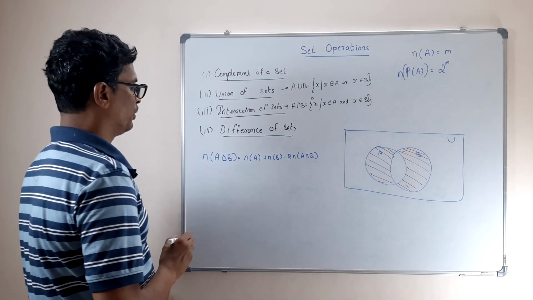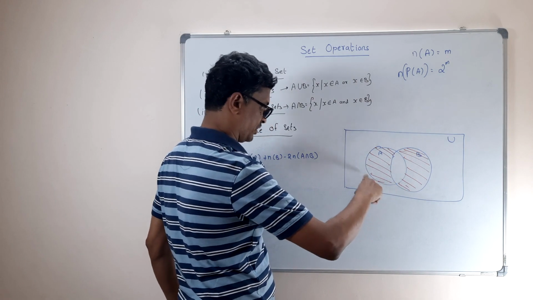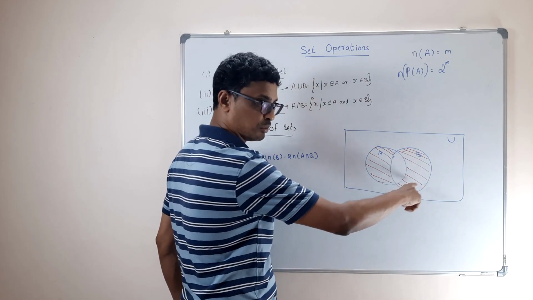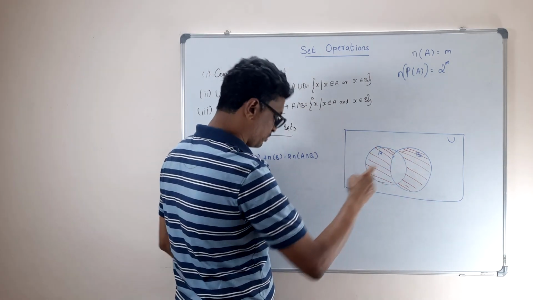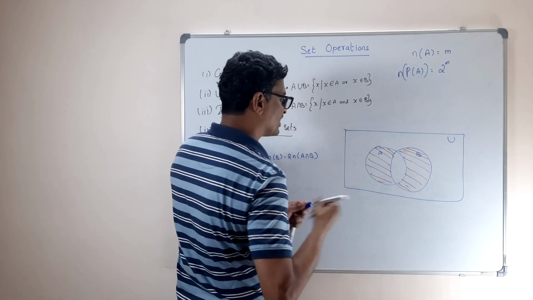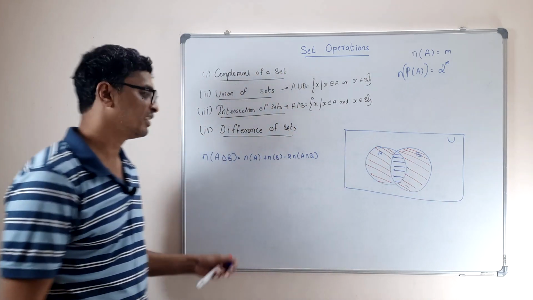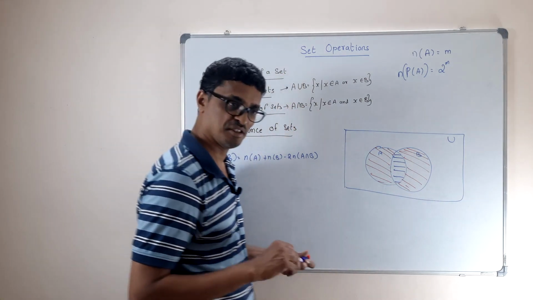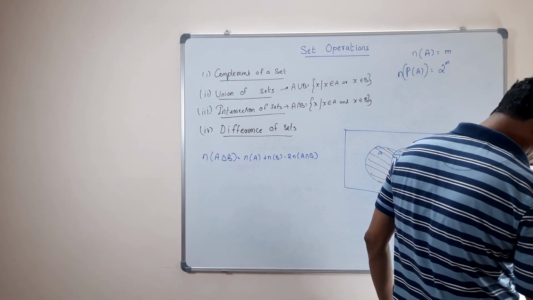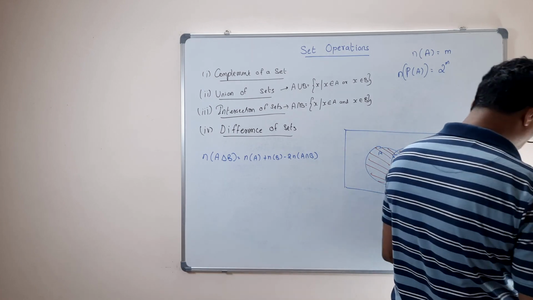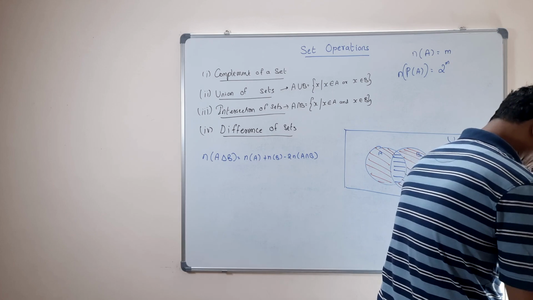Now n of A is this whole portion. n of B is this whole portion. So this portion is counted double. What is this portion? This is nothing but the intersection, correct? So you subtract it twice. That goes off. That's what we have done. Okay, clear? That's all the properties, all the operations with the sets we have. And next class we will see about intervals.